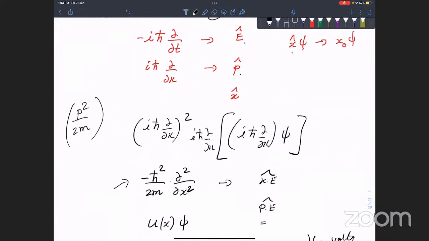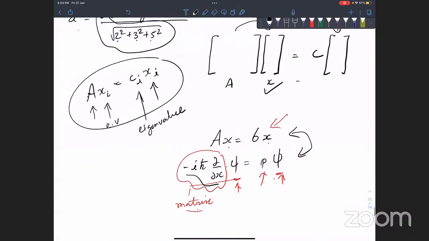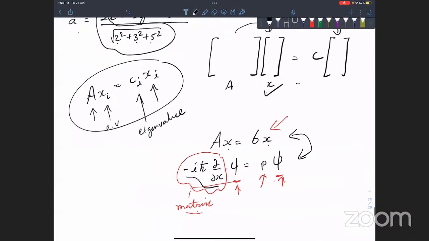And when they realized this, they noticed the analogy between this and matrices. And so they said, this is great, because now I can build an entire mathematical machinery that is completely based on linear algebra.